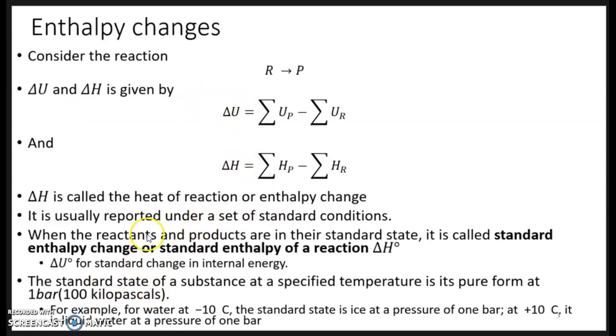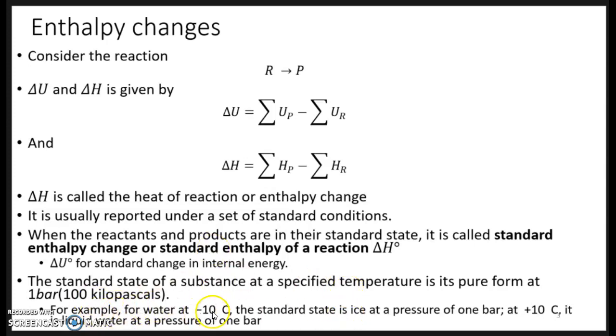The standard state of any substance is a state at a specified temperature. So we can talk about a temperature of 100 degrees or 0 degrees, in its pure form at 1 bar. 1 bar is slightly lower than an atmosphere, almost the standard pressure at which most reactions take place.